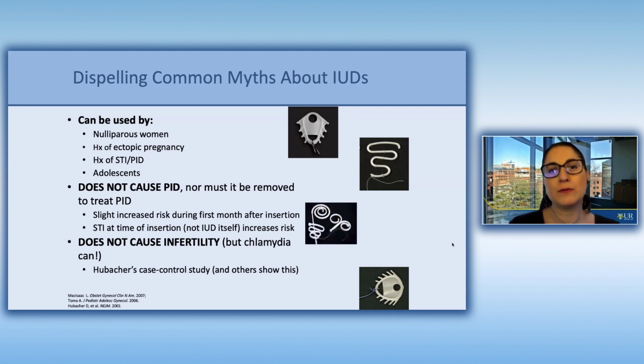There is a slight risk at the time of insertion, but it is not something that needs to hold you back. You can test for STIs at the time of insertion, and having one at the time of insertion can increase your risk, but again, it is not a contraindication. The devices themselves do not cause infertility. There are lots of studies that show this, but untreated chlamydia can.